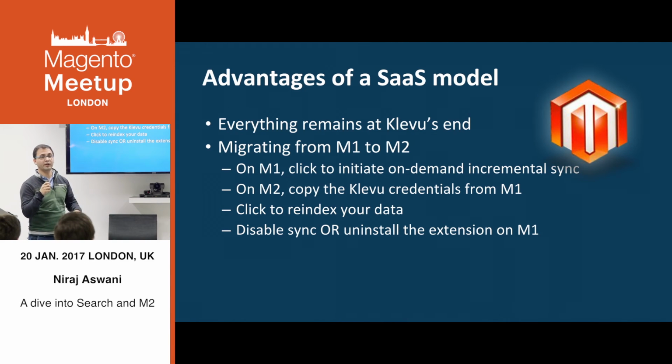This is how you can get the advantage from a SaaS service, because everything is stored in the cloud, so you don't have to worry about keeping everything. You don't have to change your databases.